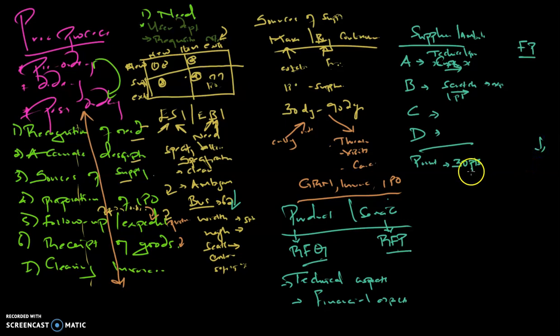The suppliers who go above 30 points, their financial proposal is opened. So let's assume supplier A had 98 points, supplier B had 20 points, you have 35 points, and you have 46 points over here. So we look at the technical aspect and we knock out supplier B, and we're left with A, C, and D.